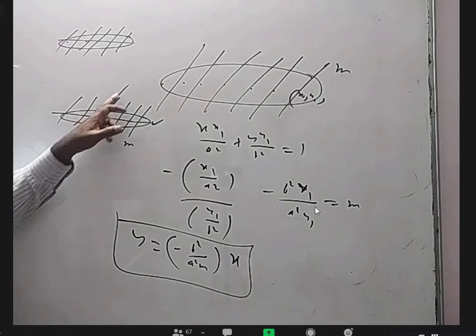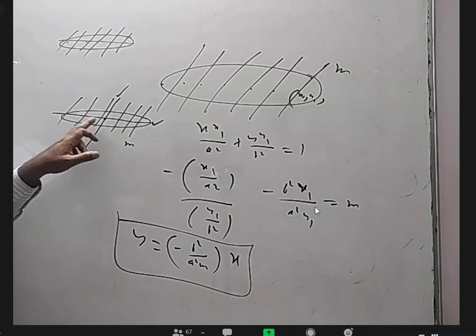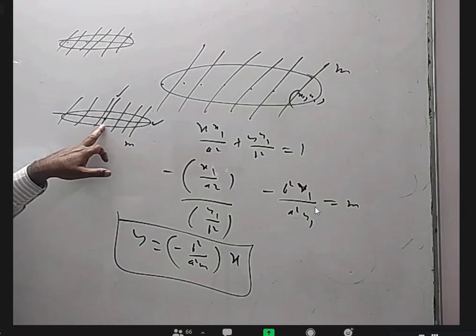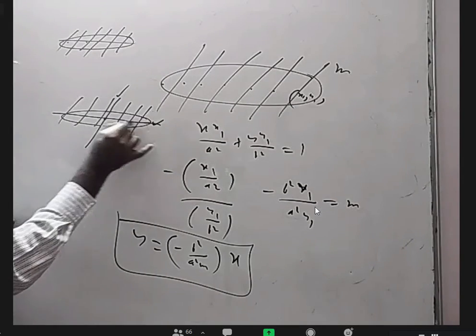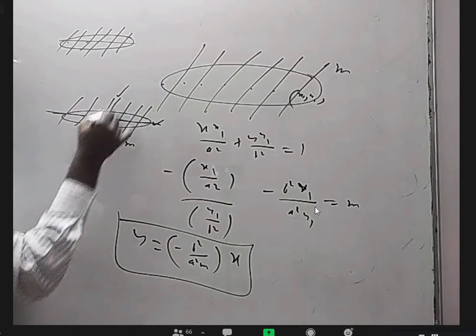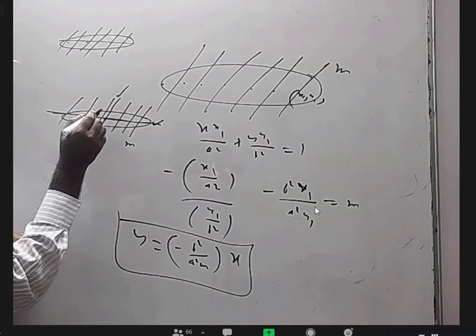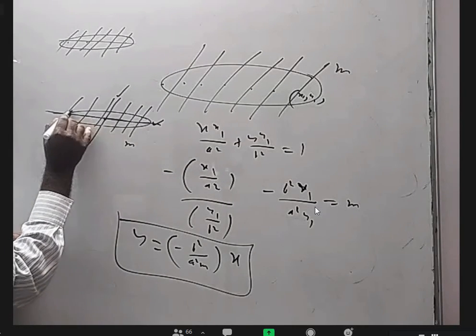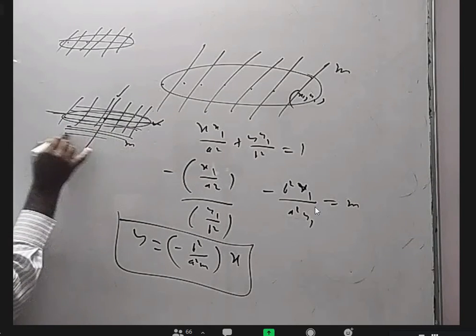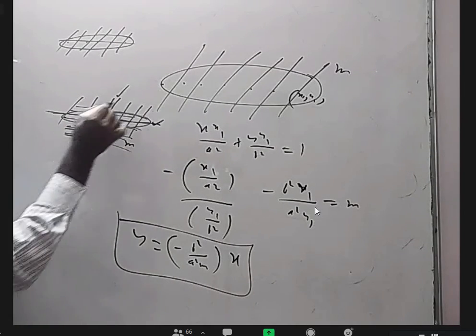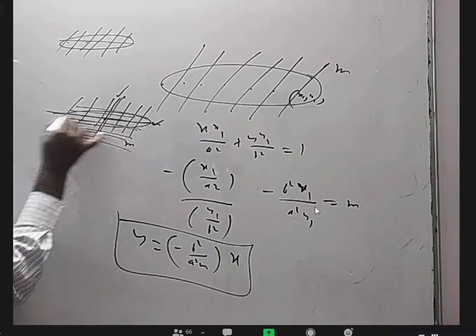This diameter is bisecting all the chords parallel to the other diameter. And this diameter, if you draw parallel chords like this, is bisecting all the parallel chords parallel to this.